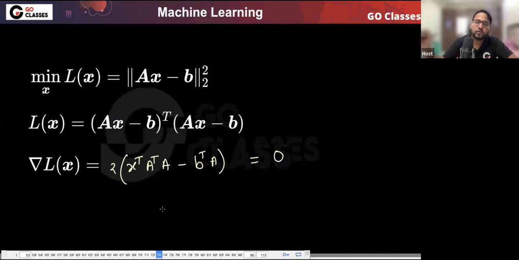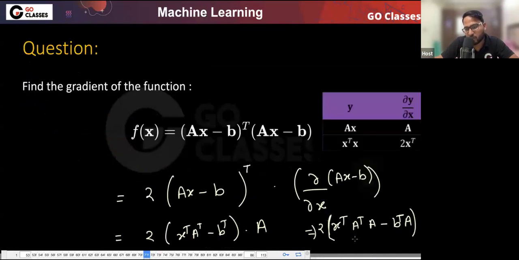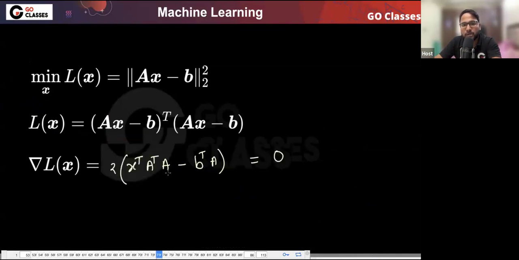Actually, as I told you, some people also write it in transpose form. Whatever result you are getting, some people also write it in the transpose form. That's fine. So let's suppose you choose to write this in transpose form. Since this is anyway 0, you can take the transpose on both sides, it won't matter. But let's suppose someone is writing in the transpose form.